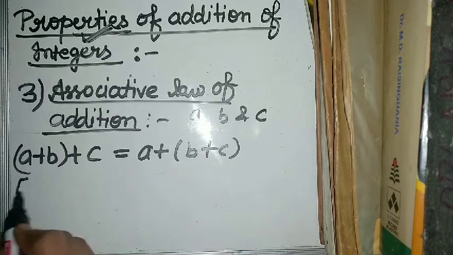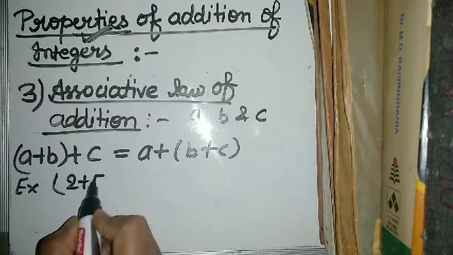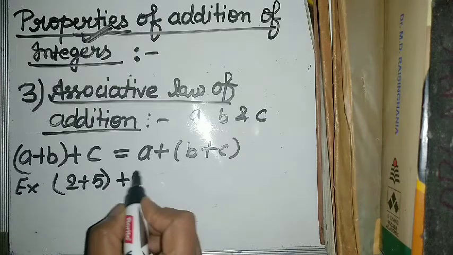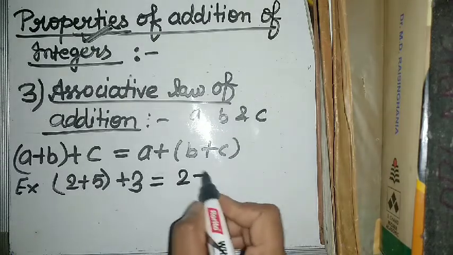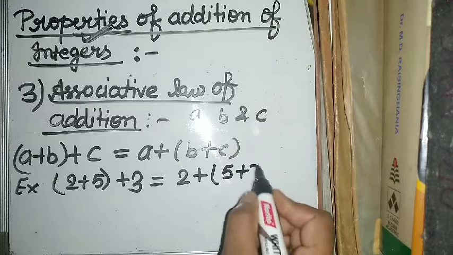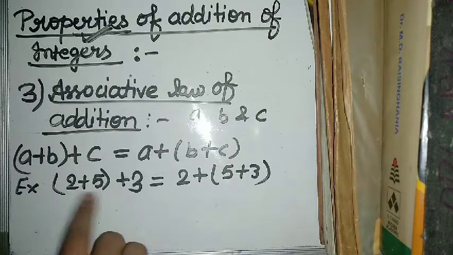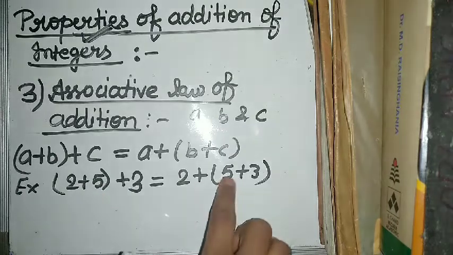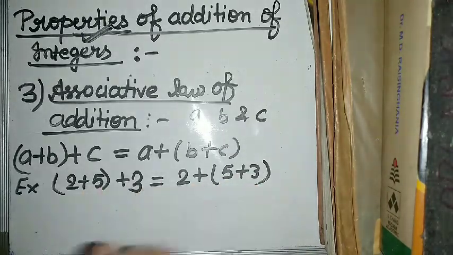For example, 2 plus 5 and plus 3 is equal to 2 plus 5 plus 3. Look here nicely. Here we add 2 and 5 first, and here we add 5 and 3 first, but both the values are equal.